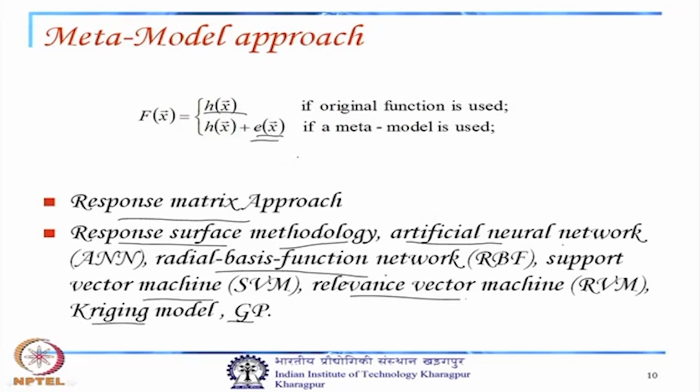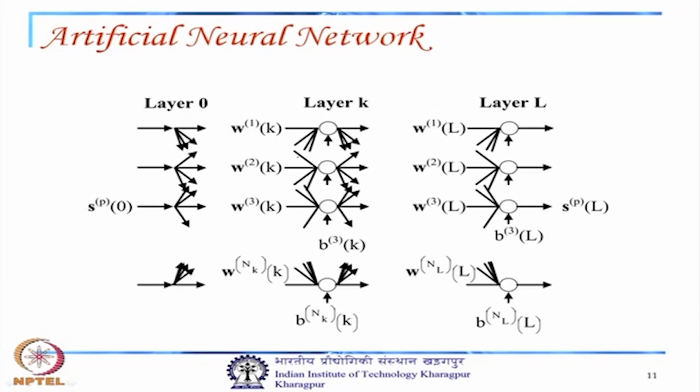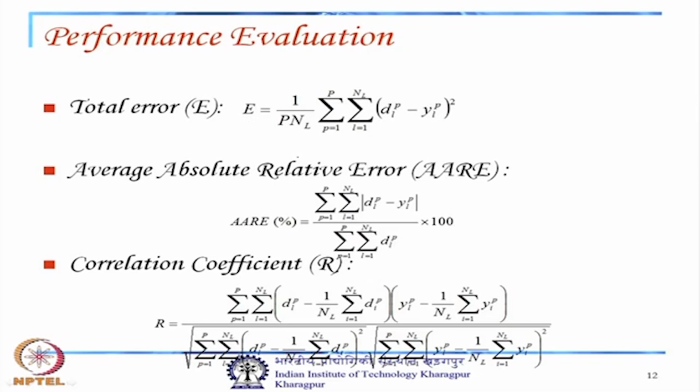Now, we can use ANN. ANN has got architecture of something. So, we have some input and we can get some output, and we can evaluate the performance using total error. Total error is desired and actual one, and again desired and actual one. Average absolute relative error can be computed using this.